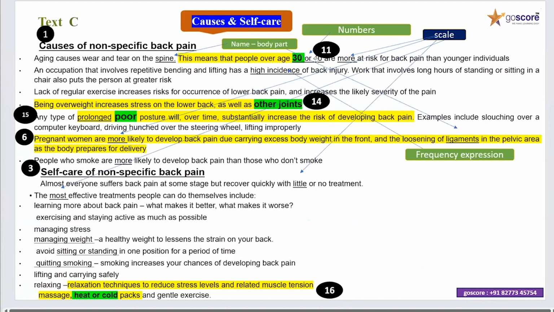This means that people over age 30. So the answer will be 30, because they asked over what age. Maybe you are confused because they mention 30 or 40. Do I need to write 30 or 40? Since they asked over what age, over 30 — 40 is also over 30, right? So you can just mention 30.